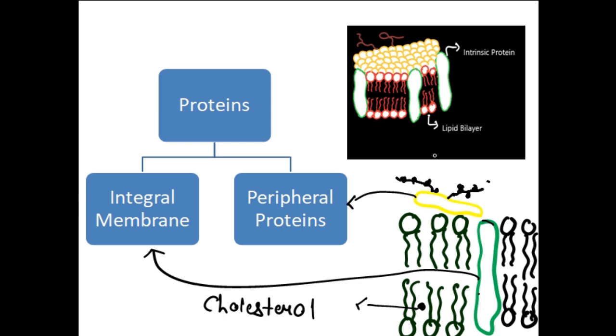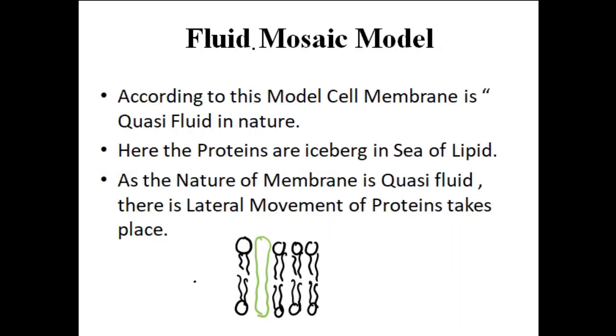Now further, there is a model for studying the cell membrane, the fluid mosaic model, which was proposed by two scientists, Singer and Nicholson. Both the scientists had proposed this fluid mosaic model.